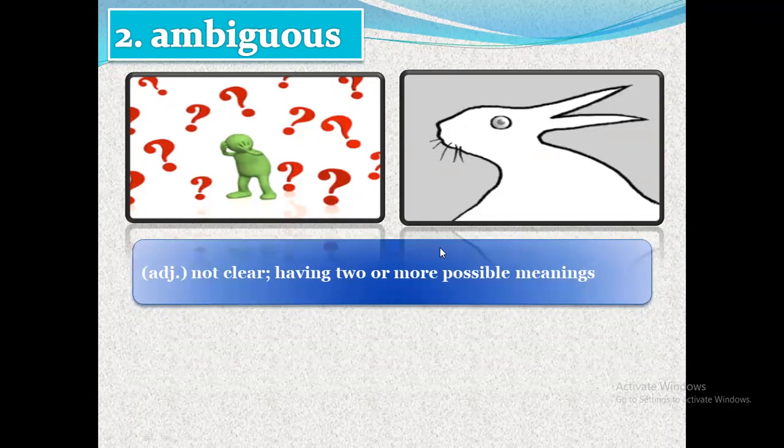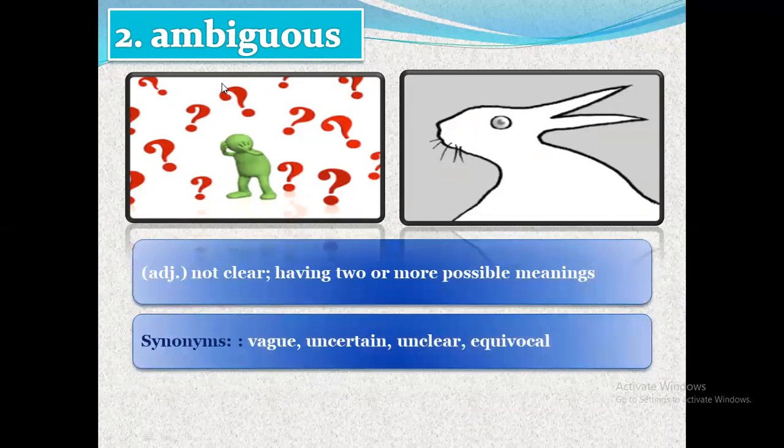For example, when I say I saw a lion in the playground, do you remember this kind of literature, figure of speech, and so on? So it is called ambiguous. It's not clear. So the synonyms are vague, uncertain, unclear, equivocal. All of these words, even equivocal, mean something that is not clear.